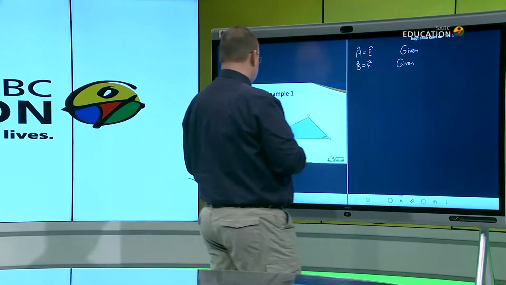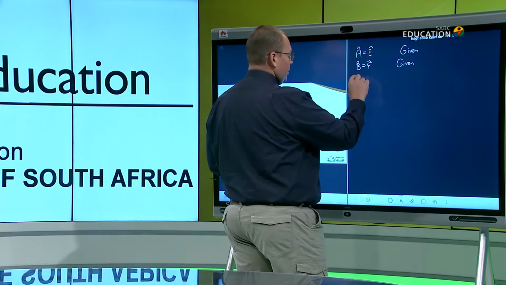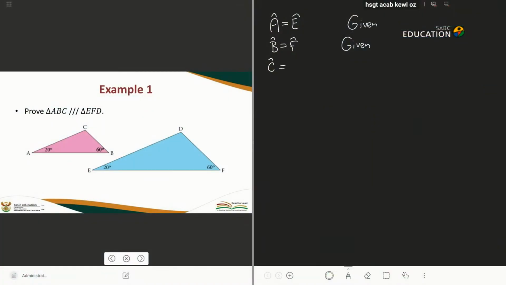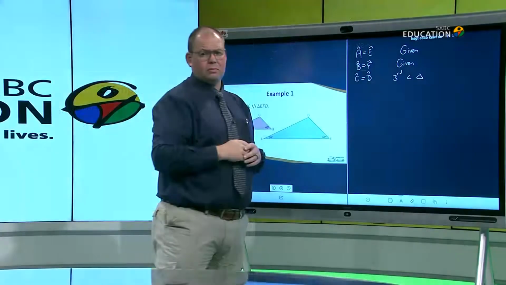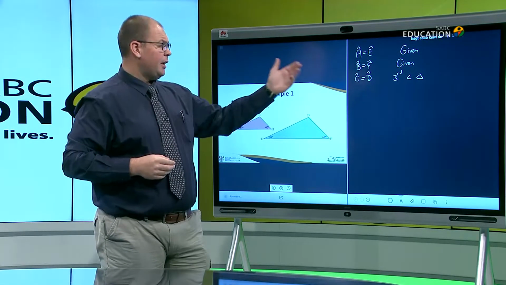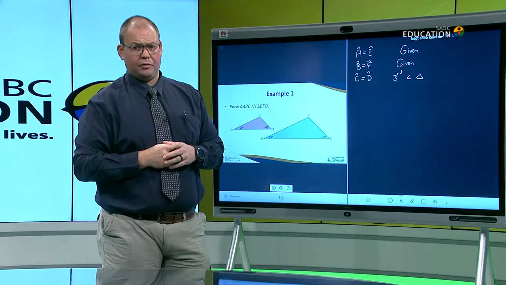Because now I can go and say, well, angle C will be equal to angle D. And my reason will be, it's the third angle in the triangle. So please look at how I indicate my angle and how I indicate it's from a triangle. You can even write interior angles of a triangle if you'd like.